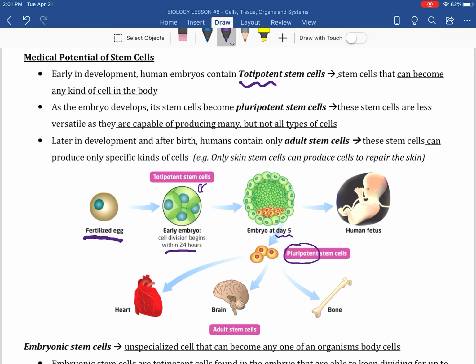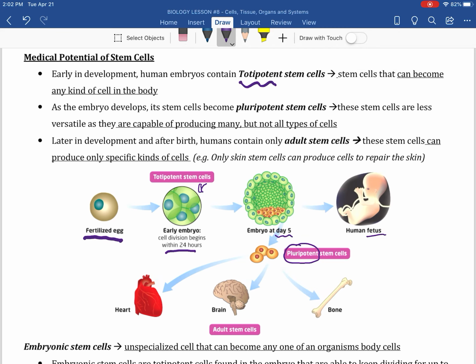So as you can see, the green ones, the totipotent stem cells, are a lot more valuable because they can become anything. Okay? So after many days, the embryo turns into a fetus, and then it's on its way to being a baby in due time, 9 to 10 months.